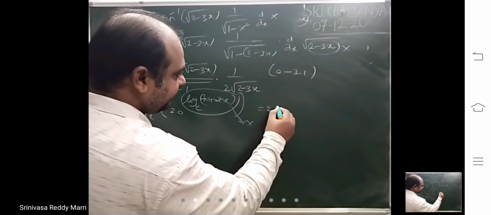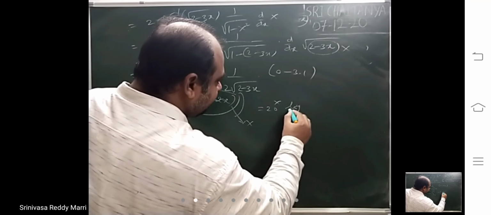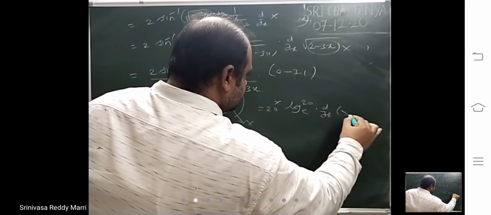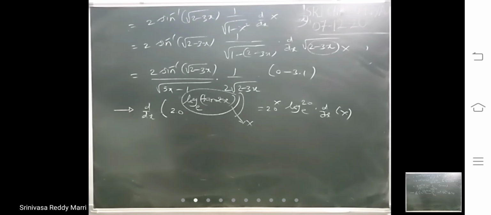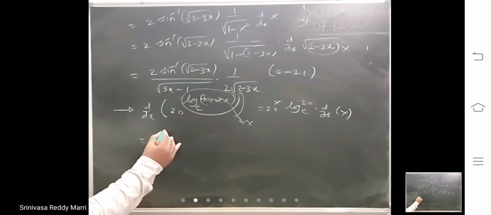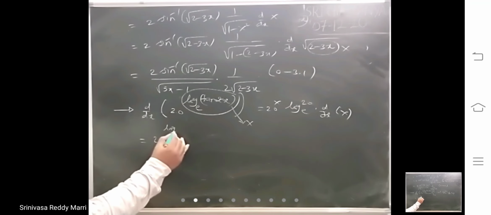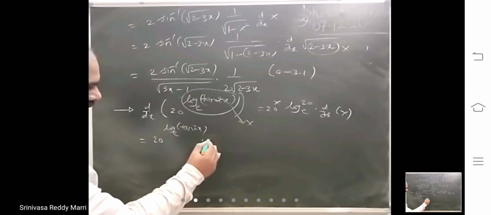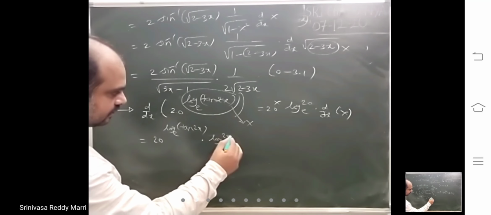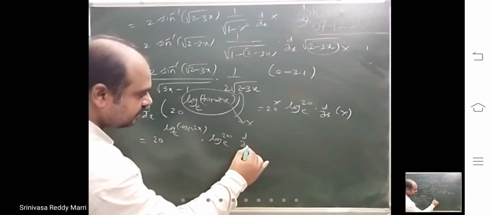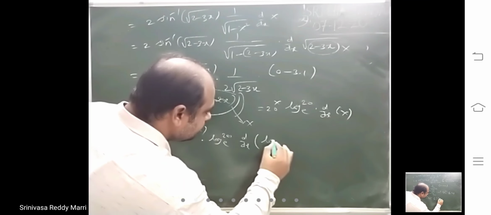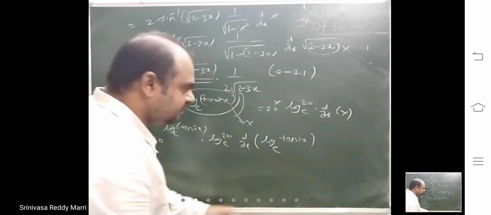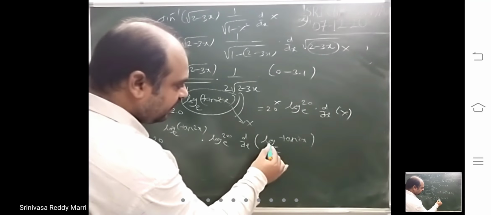What is the formula? a power x. First write the formula. d by dx of a power capital X. So what is capital X? 20 to the power log tan 2x. Now the derivative of this you have to find out.